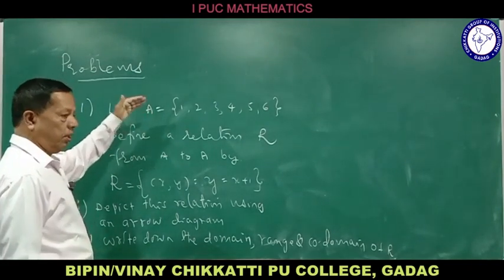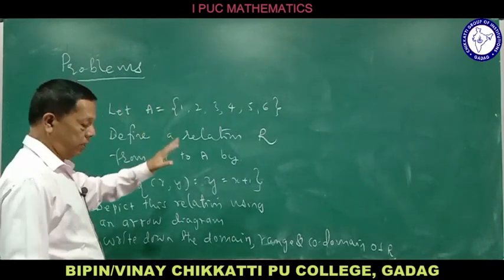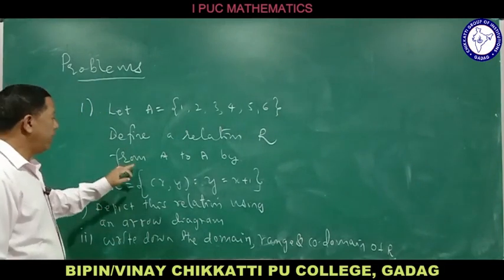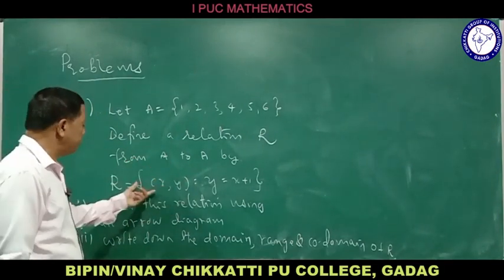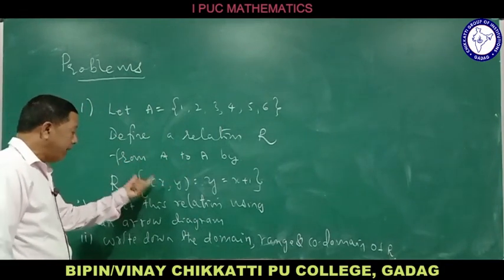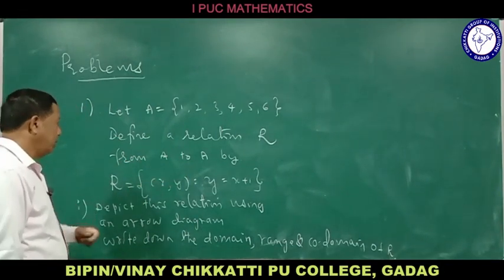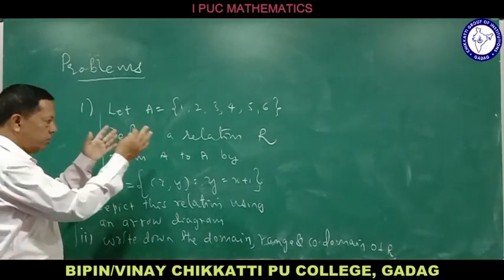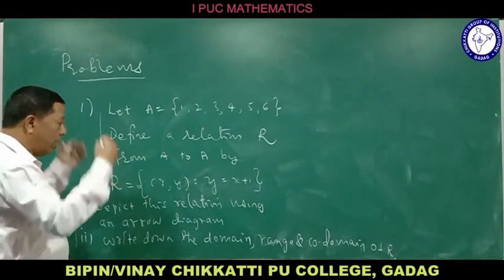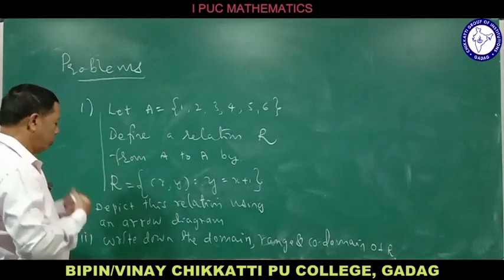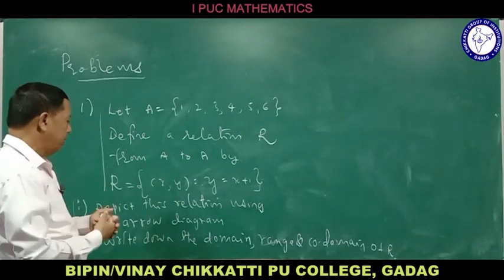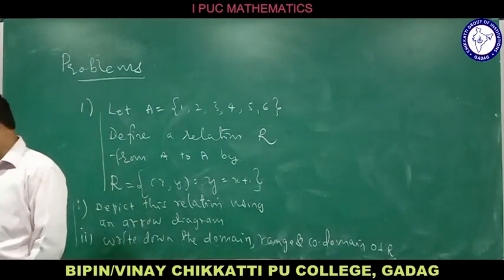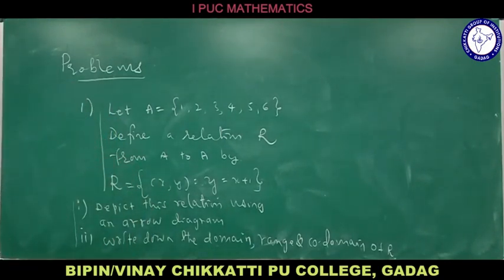The relation is from set A to set A only, so it is nothing but a relation on set A. The relation is given in the set builder form. The question is to depict this relation using an arrow diagram, so here you have to show how you are going to represent this relation.